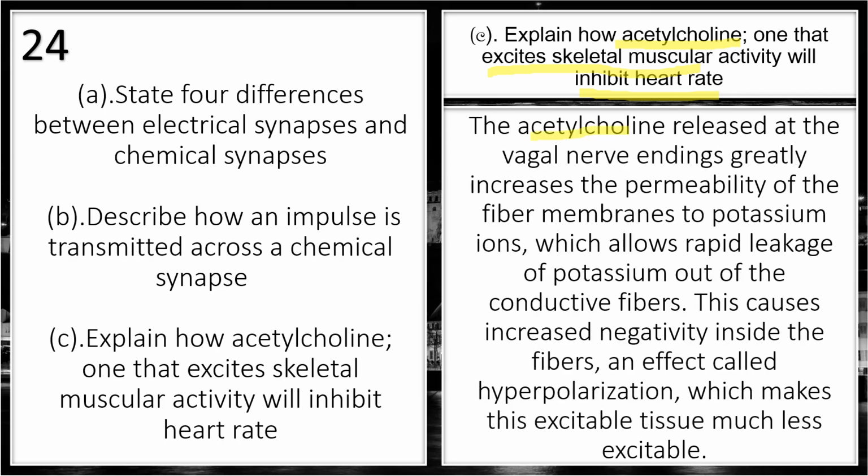The acetylcholine released at the vagus nerve ending greatly increases the permeability of the fiber membranes to potassium ions, which allows the rapid leakage of potassium out of the conductive fiber.